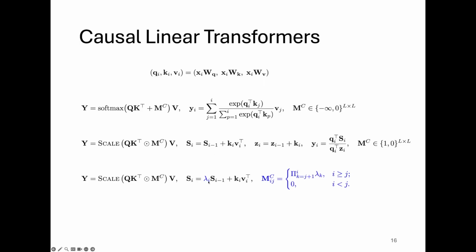So it has been investigated a lot how to shape these decays and how to build different linear transformers. Plus, the full parallel form of linear transformers, when powered with a forget gate, results in a mask which is basically a semi-separable mask.